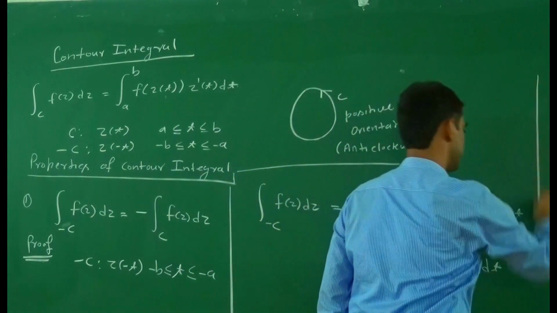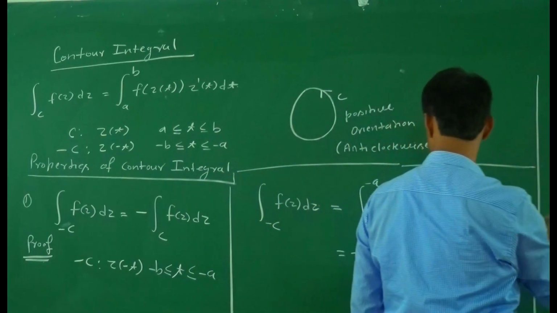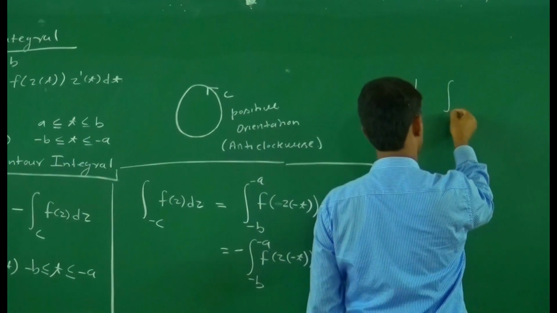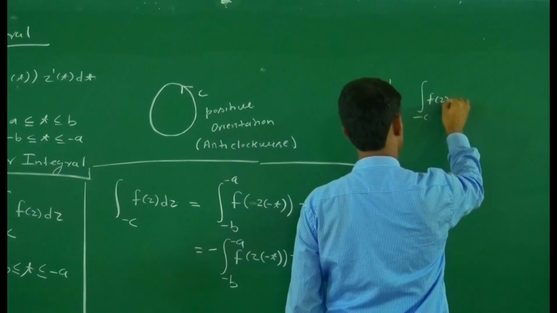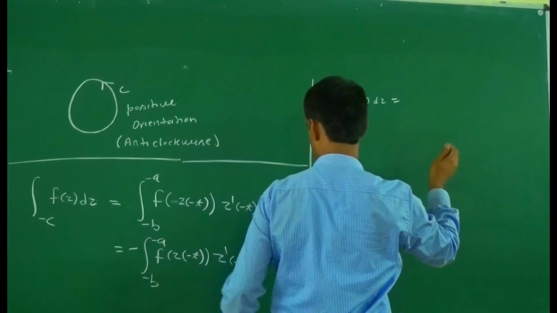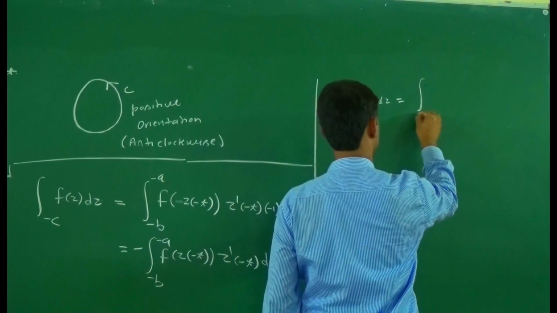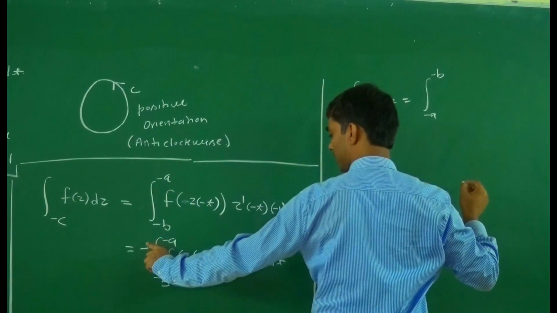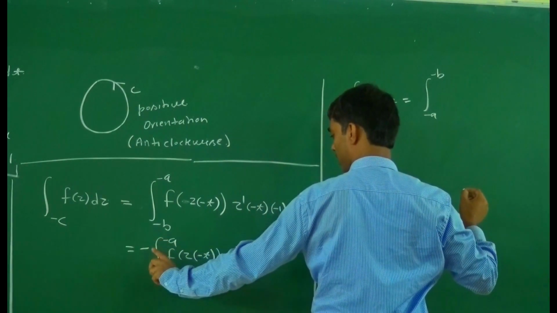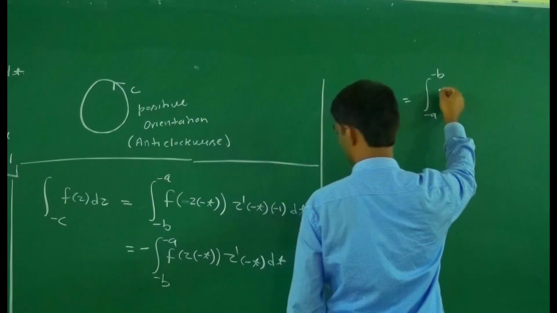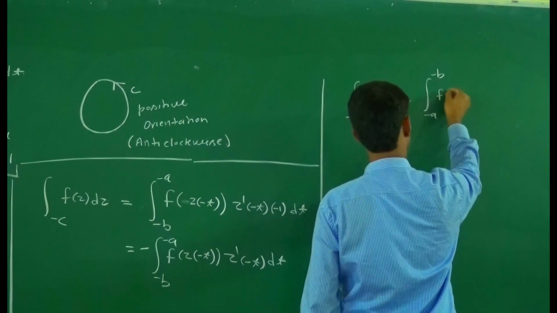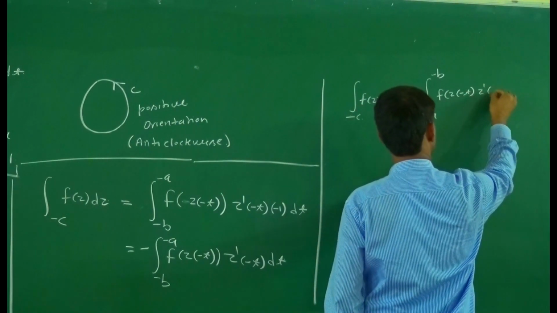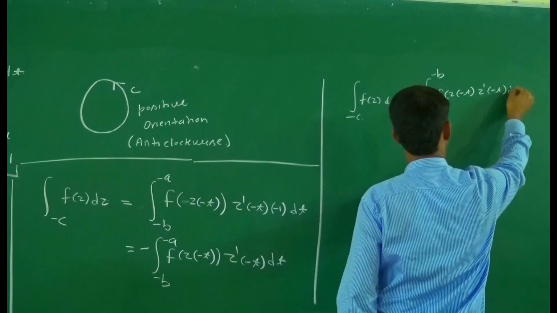So the integral over minus C of f(z) dz becomes the integral from -a to -b of f(z(-t)) z'(-t) dt.